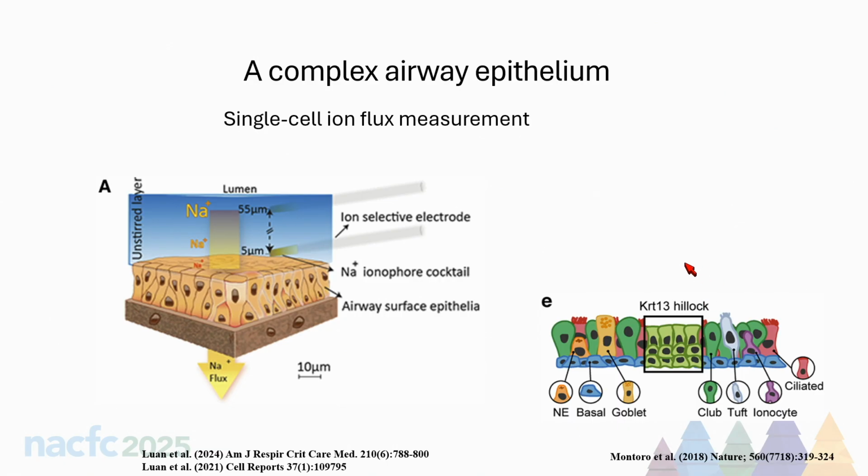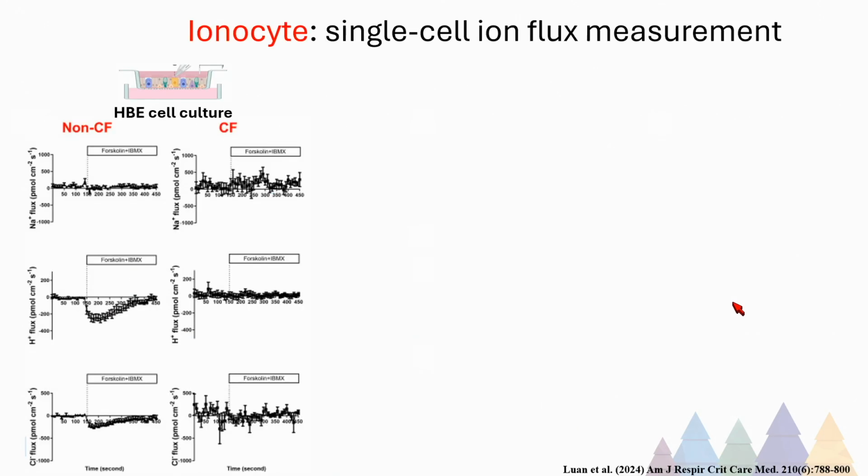The expectation from the data that has been published by John Engelhardt and Ian Thornell and others is that if we put the system on top of this ionocyte, we should see a sodium gradient when we stimulate with 429 BMX. So we tested it initially with human bronchial epithelial cells from primary cell culture from non-CF and CF tissue, and then what we saw was no sodium transport.